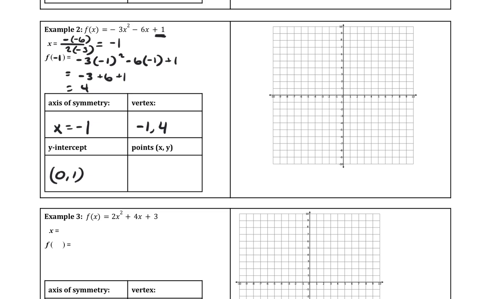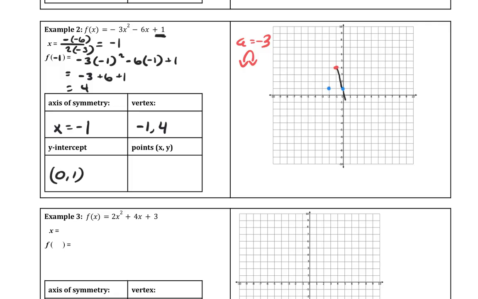So let's go ahead and graph this. So I have negative 1, 4. There's my vertex. I've got an a value, right? My a value is negative 3. So this graph is going to be upside down. So as I move over 1, I'm going down 3. Move over 1, I'm going down 3. Okay.